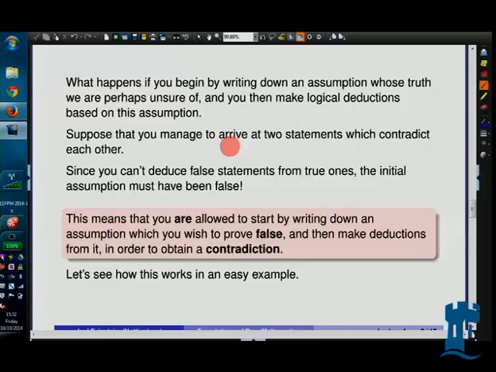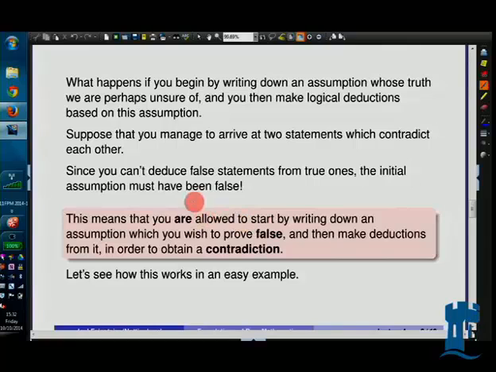Now, since 2 shouldn't be equal to 3, that suggests that something beforehand wasn't true. But you've only made one assumption. It's important that you only make one assumption beforehand that you're not sure about. And then you know that that assumption must have been false because you've arrived at nonsense. And that's the essence of proof by contradiction or indirect proof.